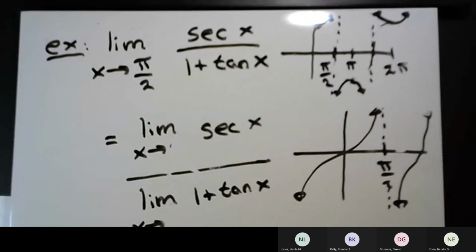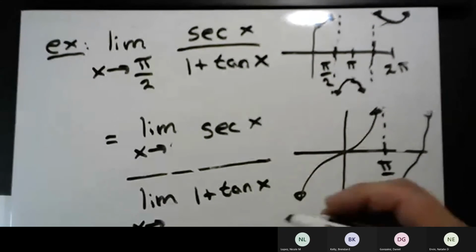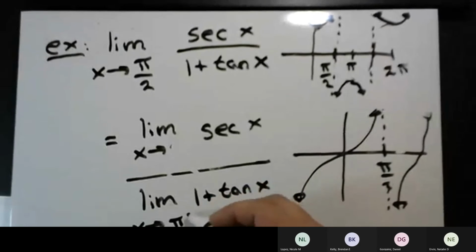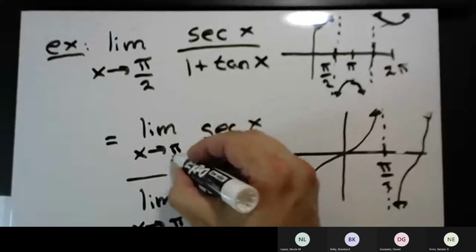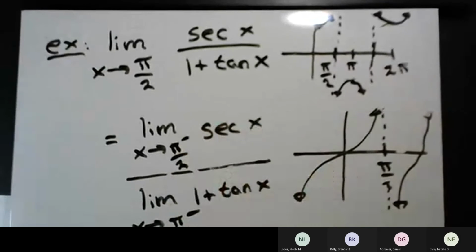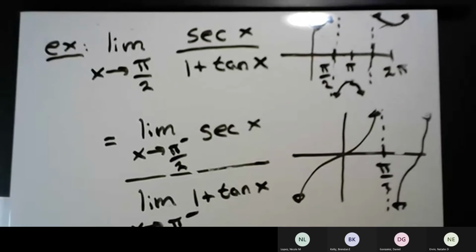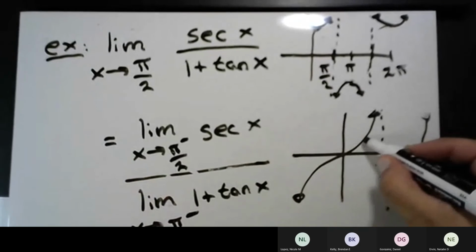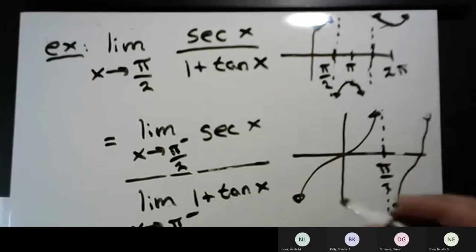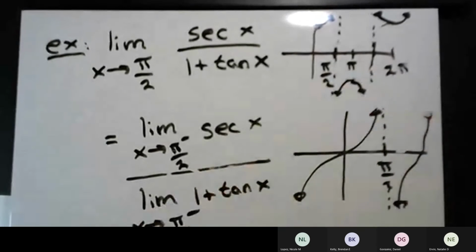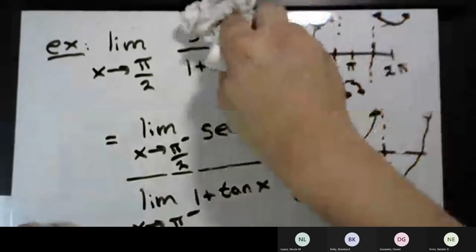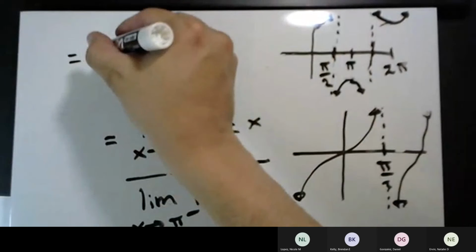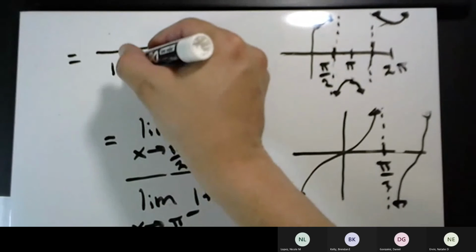So what we can do, let's handle this starting with one-sided limits instead. So we'll approach from the left. So if we approach pi over 2 from the left for tangent, what we're going to get is basically 1 plus infinity.